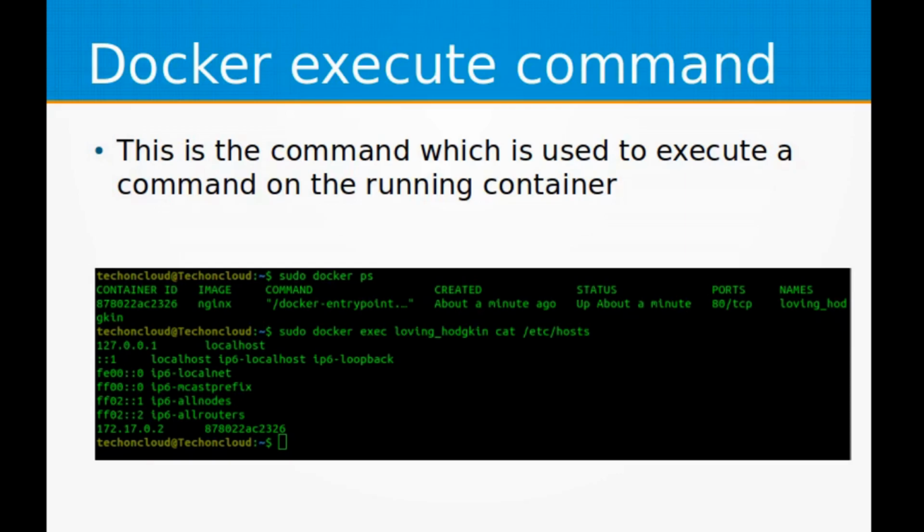For that, what we have run is the cat command, which is a Linux command to basically list the contents of a file, and we have given the path of that file, which is /etc/hosts, and as output it gives the contents of the hosts file.